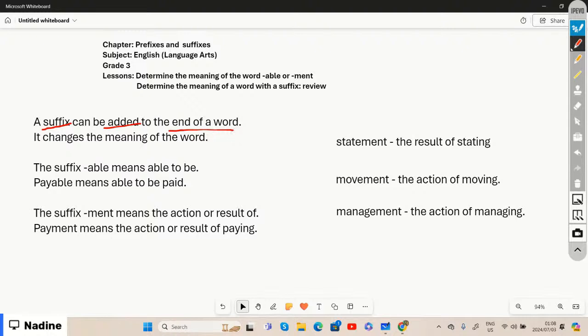And once we add a suffix to the end of our base word, it changes the meaning of the word.